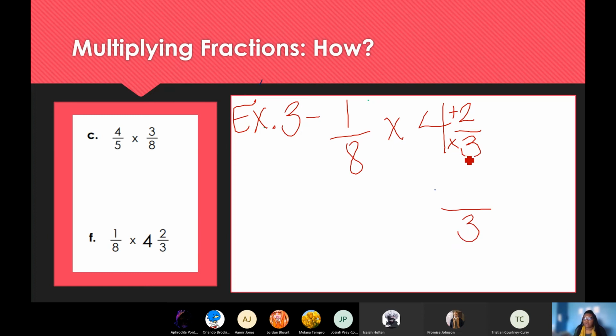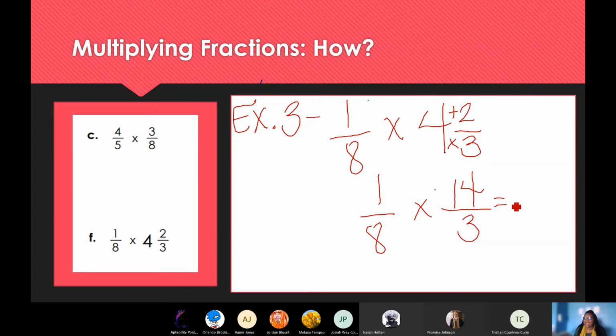Someone please turn on your mic. What is 4 times 3? 12. 12 plus 2? 14. So my new improper fraction there is 14/3. So now I can do some simple multiplying straight across.